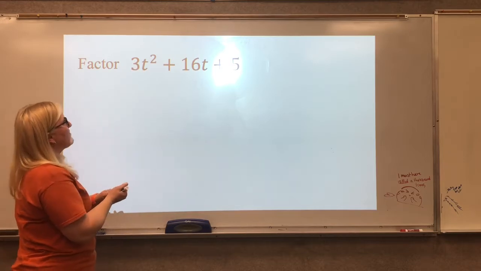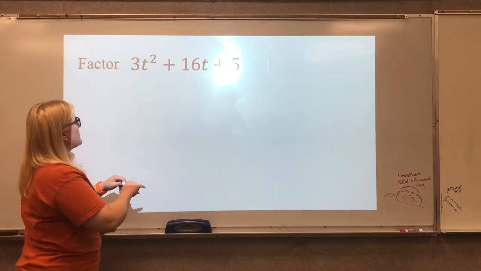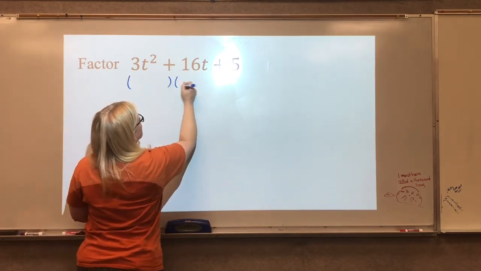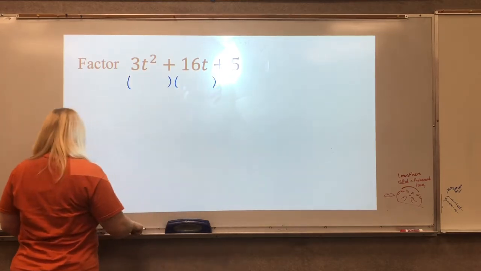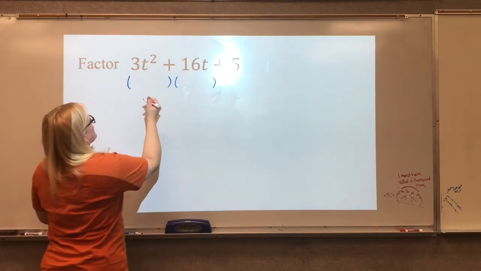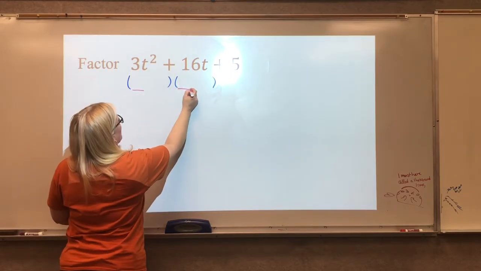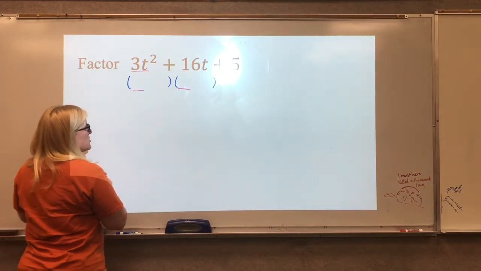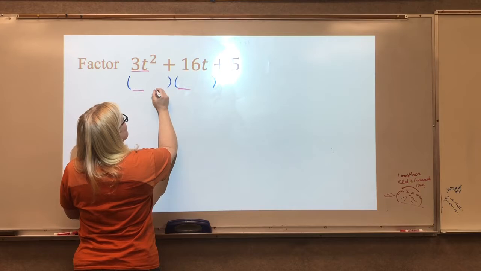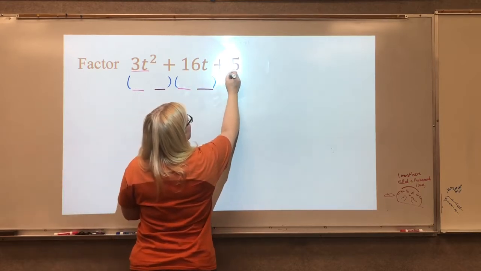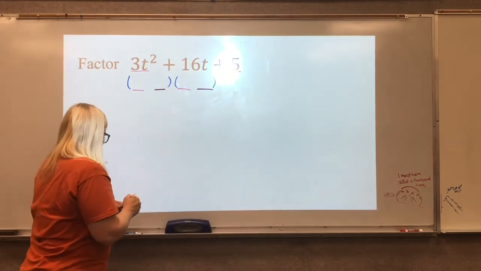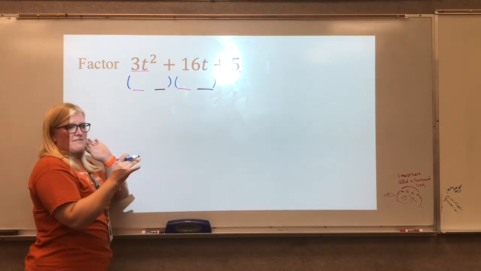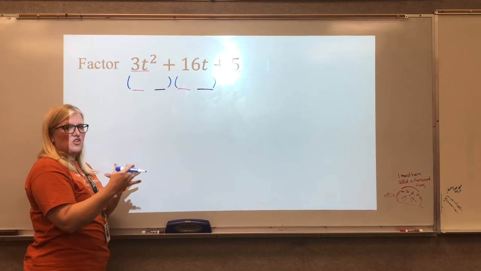What we have to remember with guess and check is that we have our parentheses, and what we multiply here gives us this, and what multiplies in these spots right here gives us this value. So we have to come up with different combinations of what these could be.